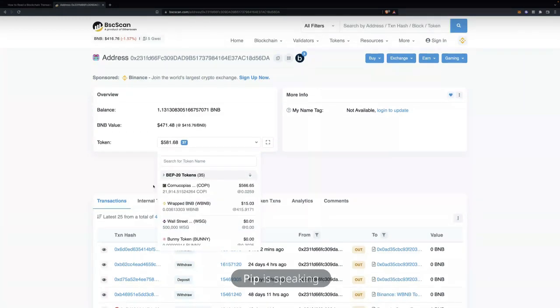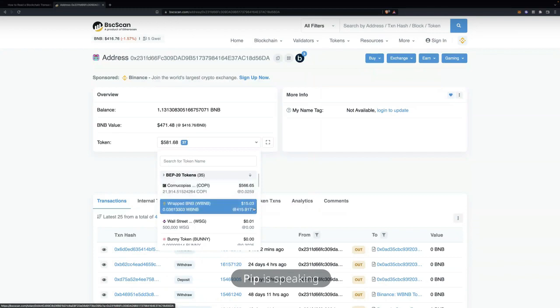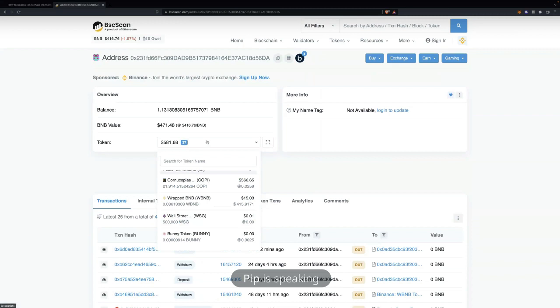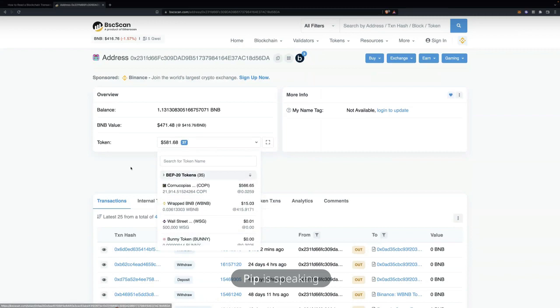So they're fake. But these ones here, this person or this wallet owns $566 worth of cornucopias, copy, and $15 of wrapped BNB and a little bit of others, okay? So this is where you can see all the tokens that you own.